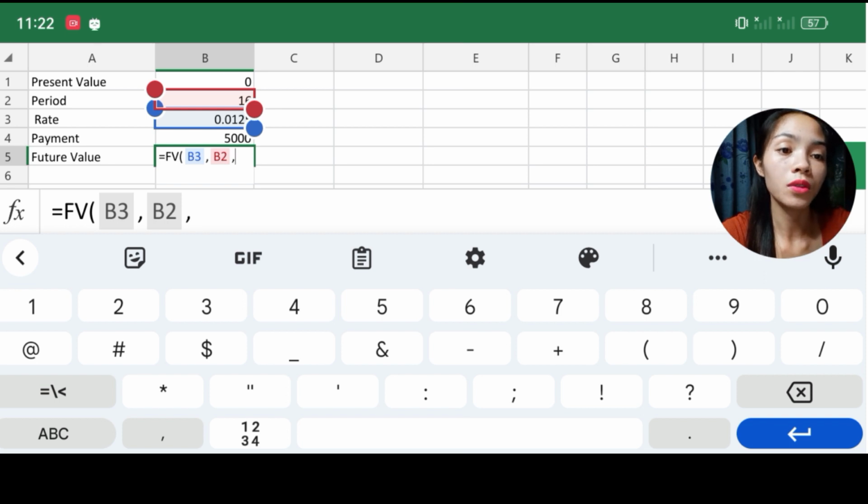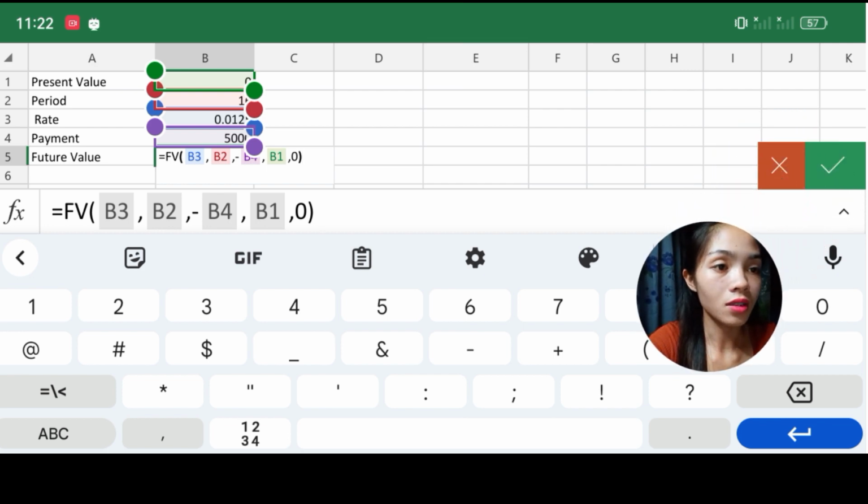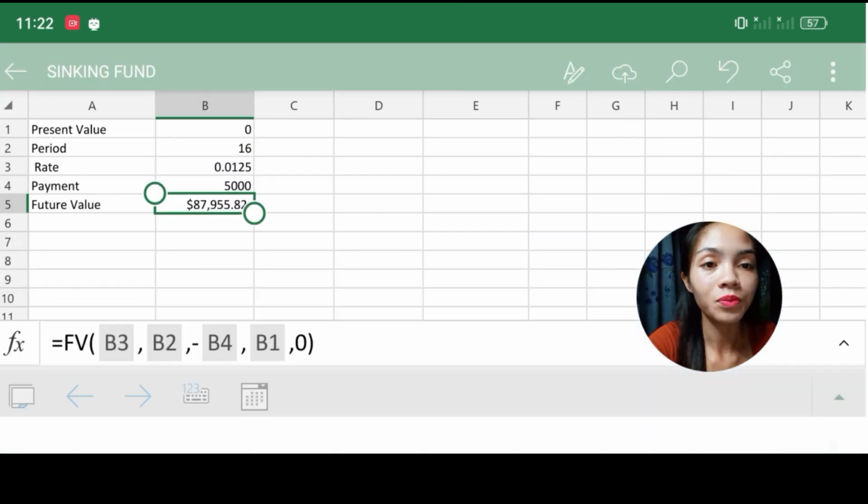We put a negative, since it is the money that we pay every quarter, since we are going to save money. Then comma, the present value, comma, and it is necessary to put 0 at the end. Close parentheses, and press the green check beside.